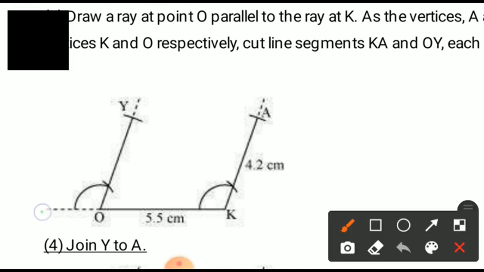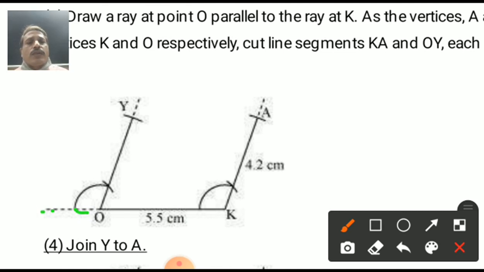I drew dotted lines here because first of all I draw an arc of some radius, any radius, from K. Same way I can draw an arc from O. Center is O. Now from the point here I can make one cut here.